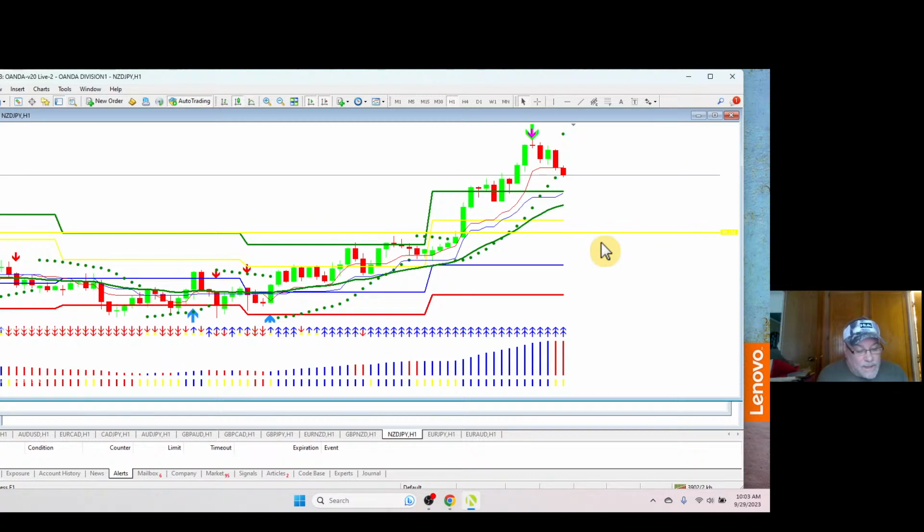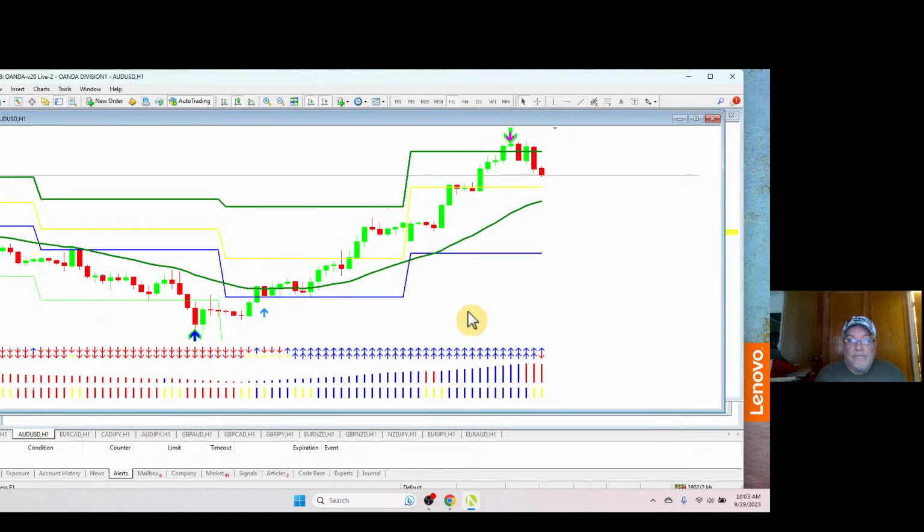The Aussie dollar, come on down, Aussie dollar. $65. Oh. Needed another pip. Needed one more pip.